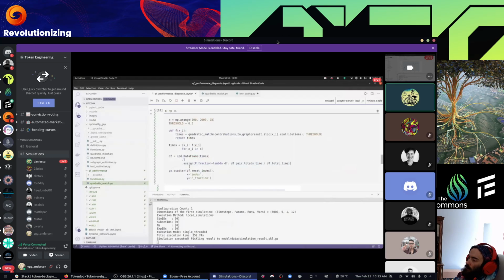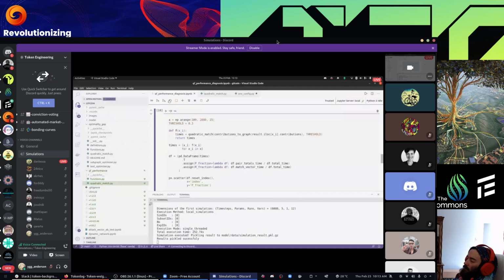And I'm going to assign here m fraction, match vector time. I think this should work. By the way, I just computed here 6,000 events, so we can have more data for the future.